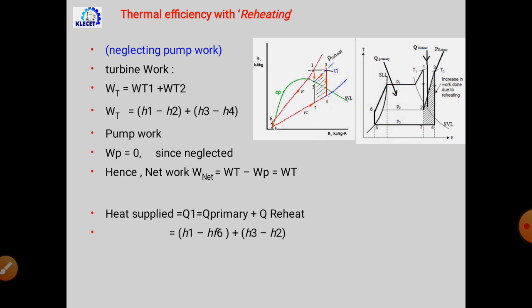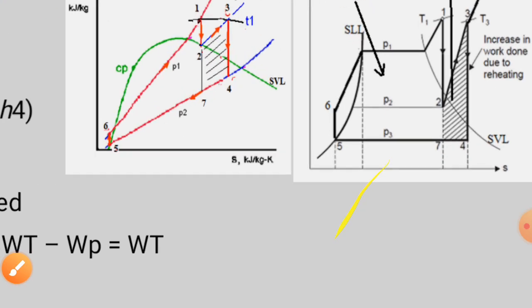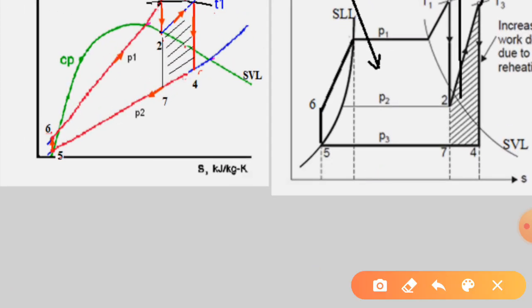Here I will replace HF6 by HF5 plus WP, that is, enthalpy at state 5 plus pump work. See here, this is HF5, and I am adding WP to this, that is pump work, so that the sum of HF5 and WP is equal to HF6, that is enthalpy.